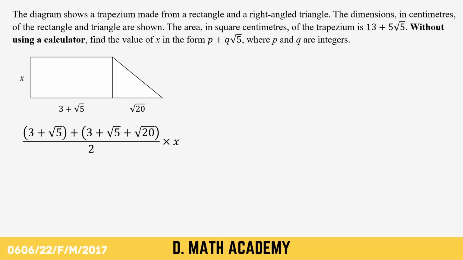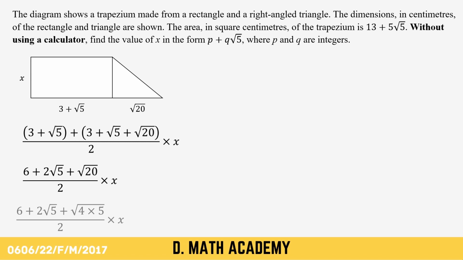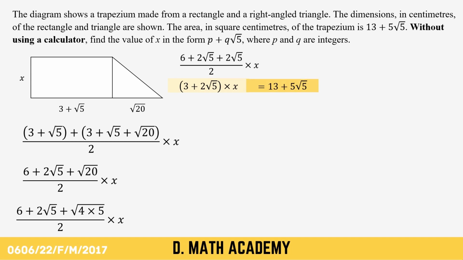These two add up, divide by 2 times x, and it equals 13 plus 5 square root 5. So I rearrange it first before I proceed with the calculation. So I change the square root 20 into 4 times 5, get rid of the 2 from all of them. So I have 3 plus 2 square root 5 times x equals 13 plus 5 square root 5.